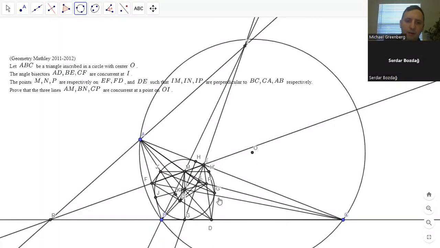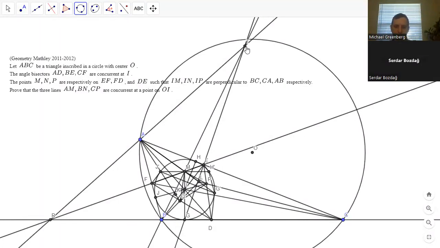So yeah, we can hide a lot of stuff if you want. Because we're just saying BM, GE, and the perpendicular from A to AI for the external angle bisector are concurrent.